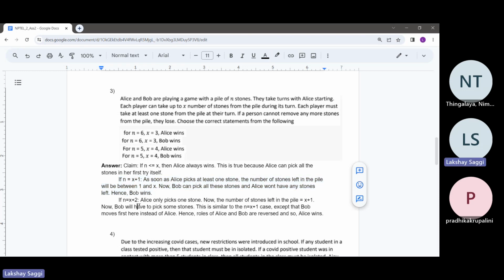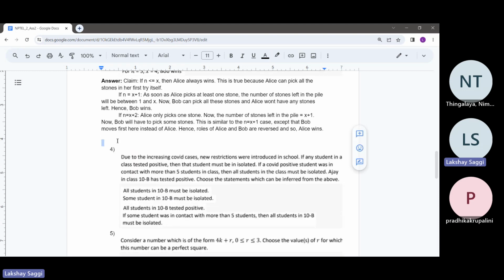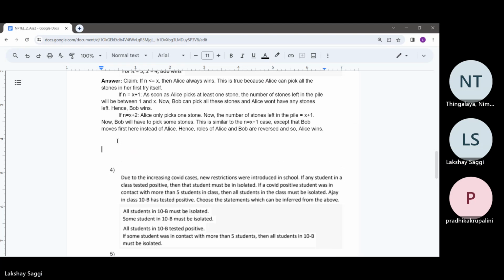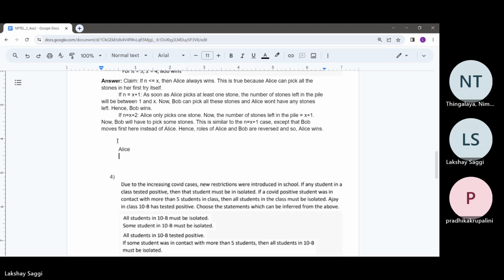Yeah. So this n equals x plus 2 thing, right? This is what we are trying to say. So let's just say there are two people, Alice and Bob. I'll just try to type it out. Alice, Bob.